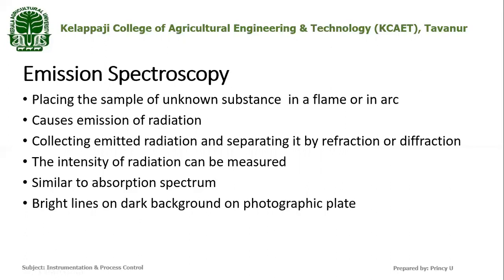So that emission will be unique, and that emission of light will produce a characteristic of each substance. So by collecting the emitted radiation and separating it by refraction or diffraction by using mirror prism arrangement, we can produce a line spectrum. So the emission spectrum for an element is very similar to our absorption spectrum, but each line indicates an emitted frequency.